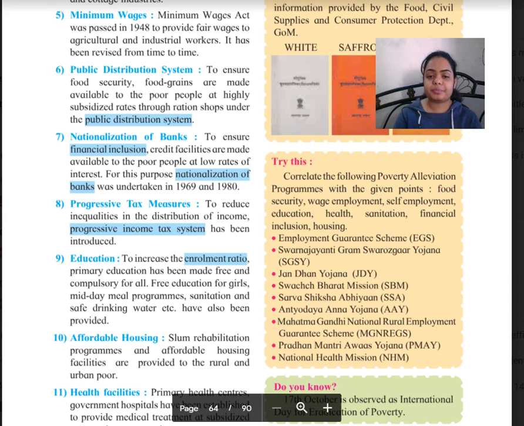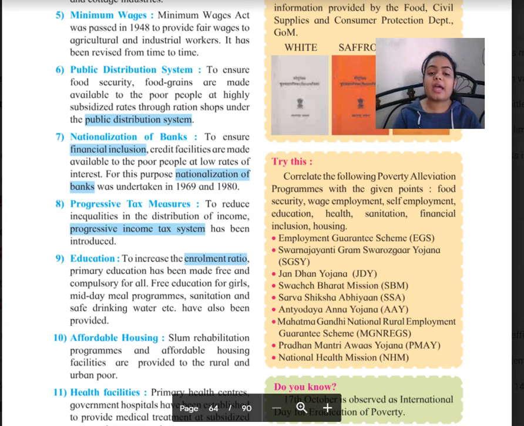Nationalization of banks was done because the poor people had to get loans at low interest rates, since these poor farmers are not able to pay back the amount of loan. So these credit facilities were given in which poor people were made loans available at a very low interest rate rather than the interest rate provided in the other banks.